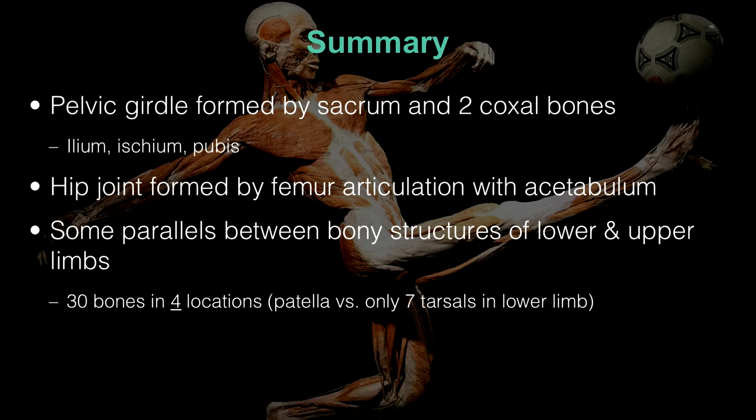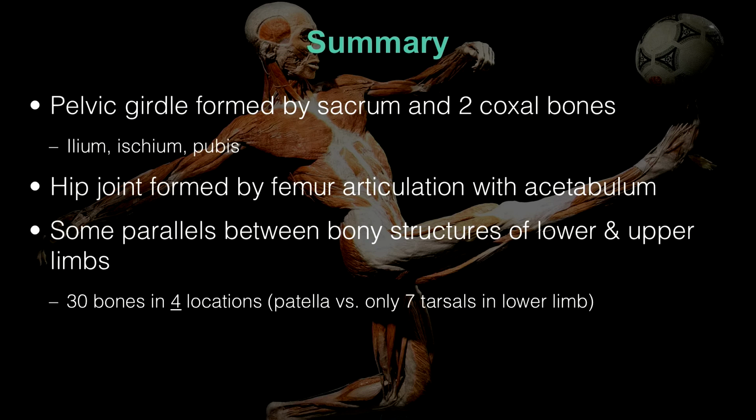And like the upper limb, 30 bones. But in 4 locations, not 3. And the only difference is that we consider the patella a separate location. The patella is where one of the extra locations come into play.